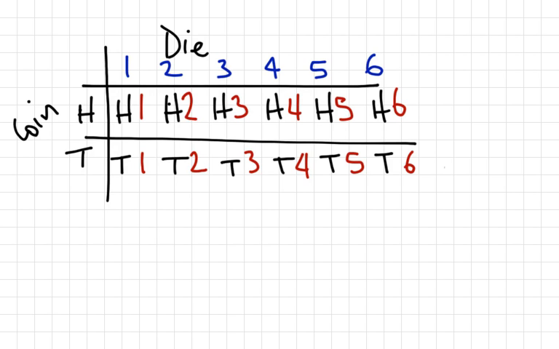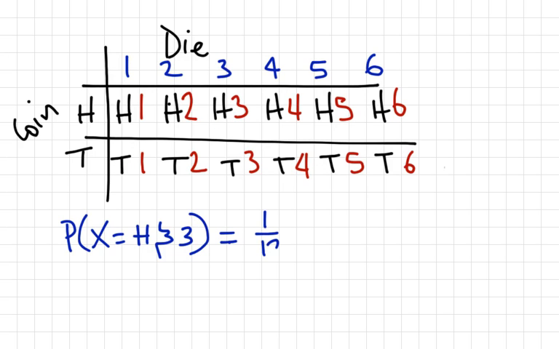Now let's start messing around with it. Let's start with something very simple. The probability of the event giving me a head and a 3, say. If you look very carefully, I've only got 1 that gives me a head and a 3, therefore 1 out of 12. That's the probability of getting a head and a 3.